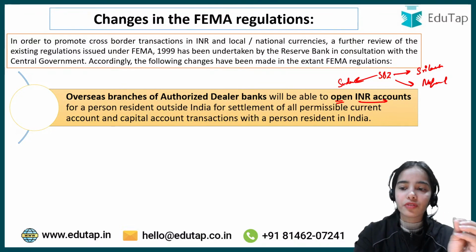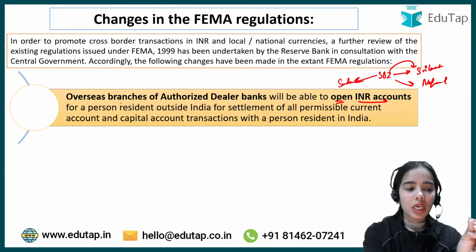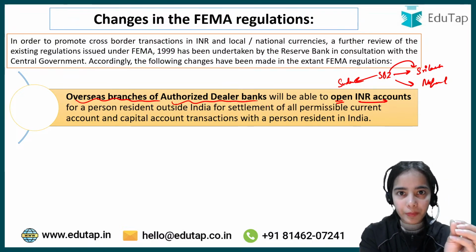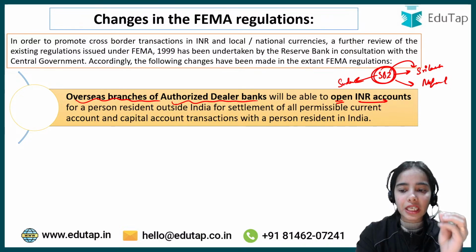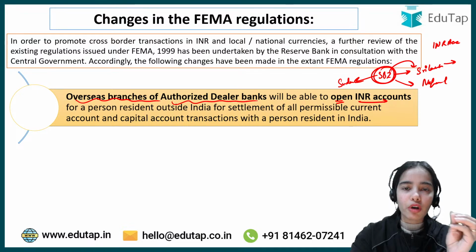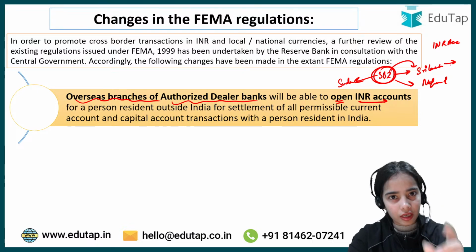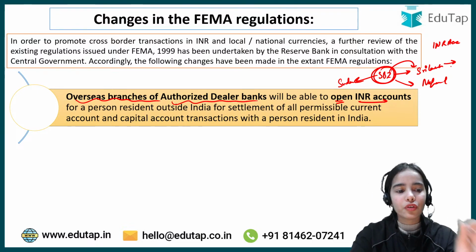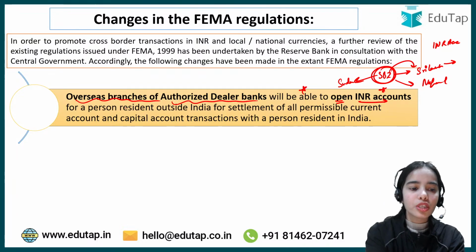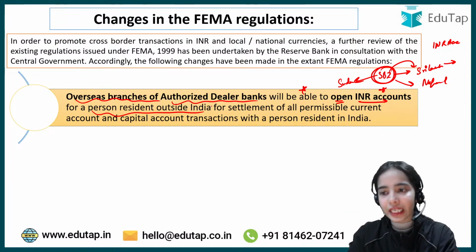So that means if the State Bank of India has a branch in Sri Lanka, this overseas branch will be able to open the INR account for the citizen of Sri Lanka, for the resident of Sri Lanka. Okay, so this is the basic idea.